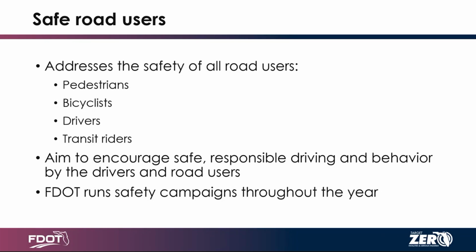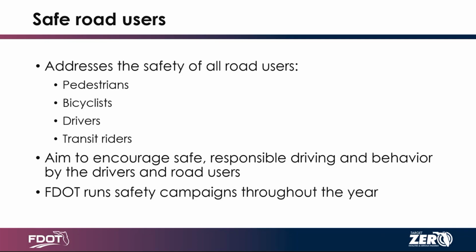But I think 75% of our crashes that are resulting in fatality and serious injury are between 2 vehicles, 2 drivers. So they are absolutely still a very important part of the safe system approach. But under safe road users, we're aiming for safe behavior, really, right? Aim to encourage safe, responsible driving and behavior by the drivers and the road users.